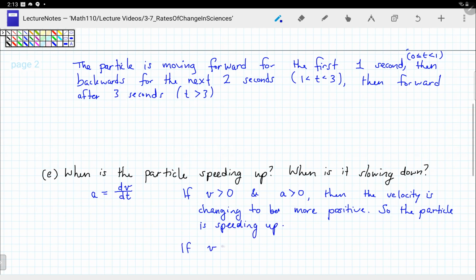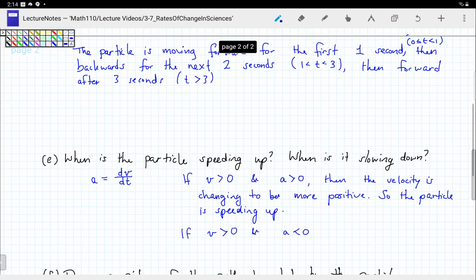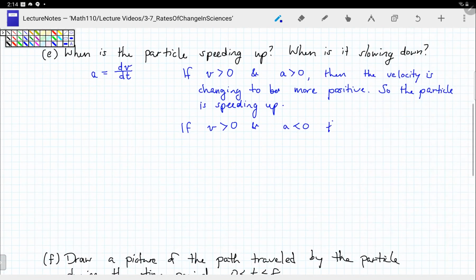Now, if the velocity is positive and the acceleration is negative, acceleration is negative means you are moving the velocity more towards the negative direction. Now, if the velocity is positive and you're moving it to be more in the negative direction, it is becoming a smaller positive number.